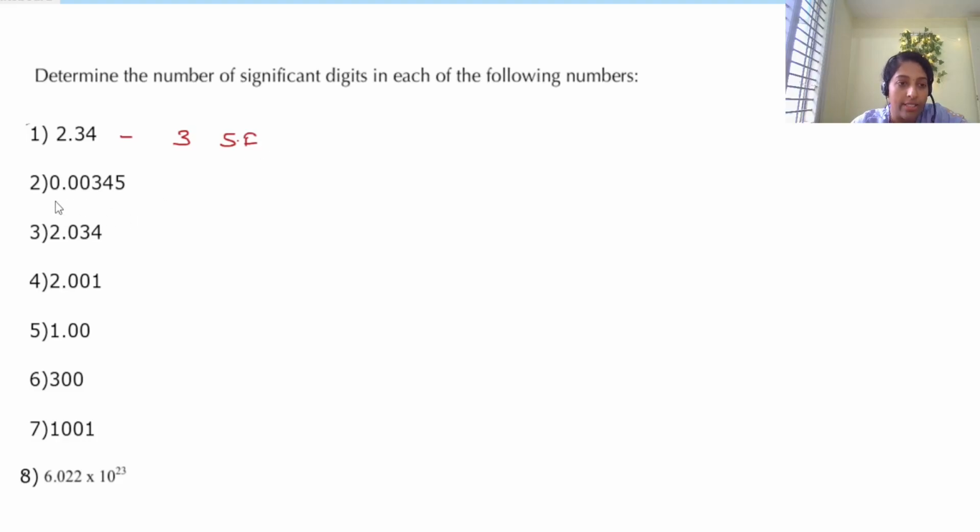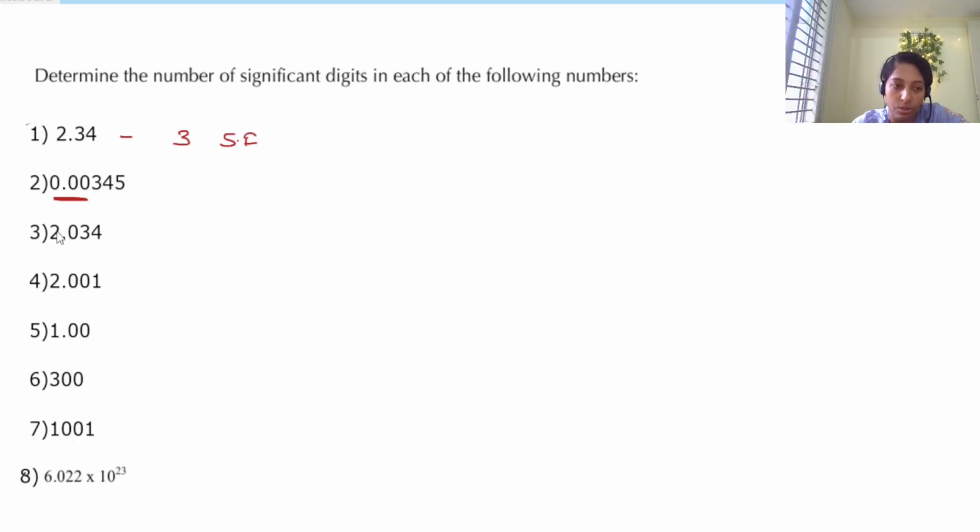And see this one, how many significant figures are there? Is it 1, 2, 3, 4, 5, 6? No, because we said zeros can be counted only in two situations. What are the two situations? If zeros are in between two non-zero digits or ending zeros with the decimal point.